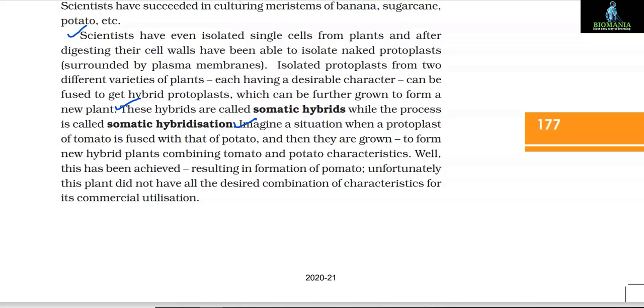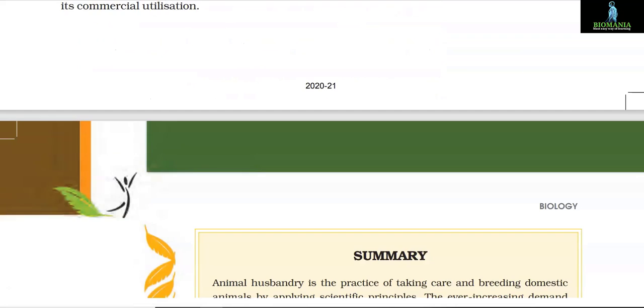Imagine a situation when a protoplast of tomato is fused with that of potato, and then they are grown to form new hybrid plants combining tomato and potato characteristics. Well, this has been achieved, resulting in formation of pomato. Unfortunately, this plant did not have all the desired combination of characteristics for its commercial utilization.